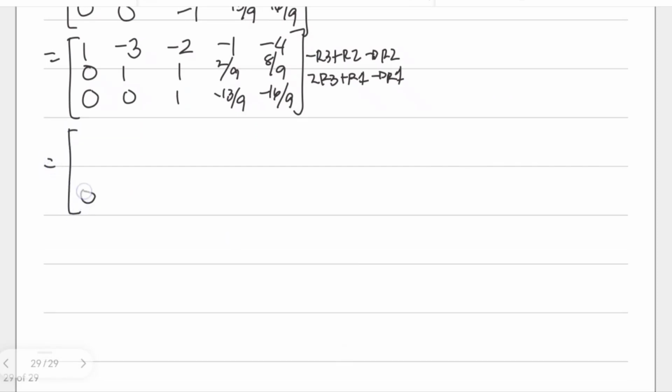So this is still 0, 0, 1, negative 13 ninths, negative 16 ninths. So this is 0, 1, because this is 0, right? Negative 1 times 1 is negative 1 plus 1, 0. Negative 1 times negative 13 is positive 13, plus this, you have 15 ninths.